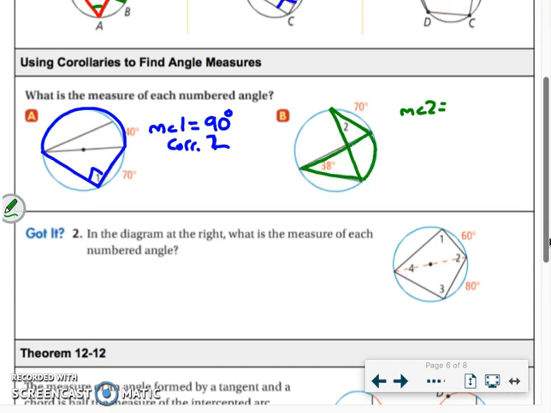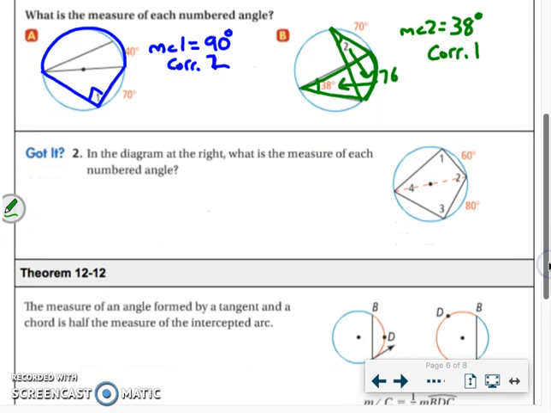If they're cutting off the same arc, they have to be the same. So I know that these two angles have to be the same, or this has to be 38. In other words, I could double this one to 76 and then divide it right back down. You're going to end up with what you started with. Okay, here's the corollary we didn't show yet. That's corollary 3.